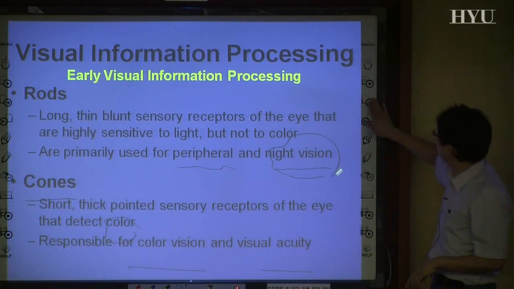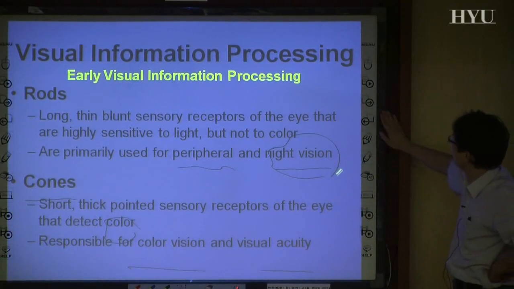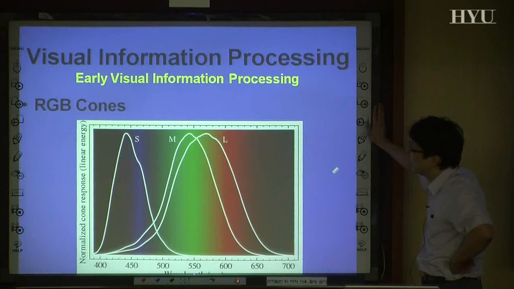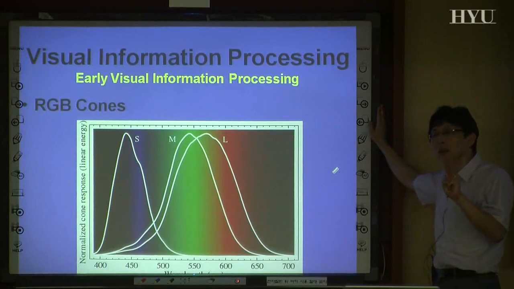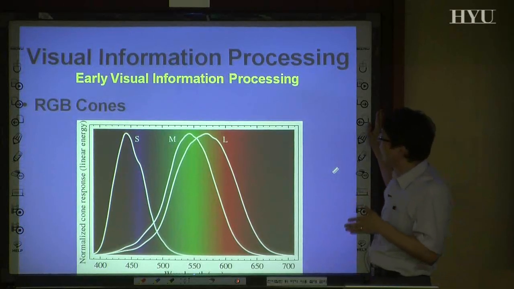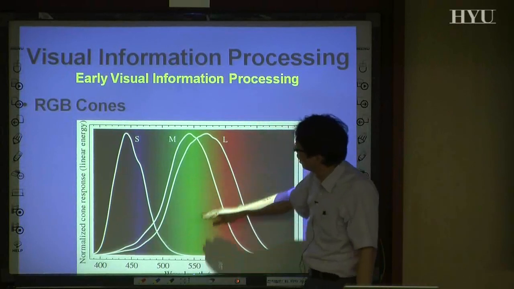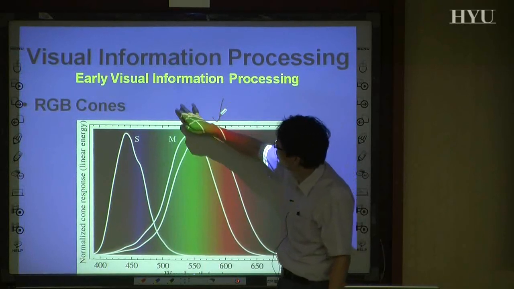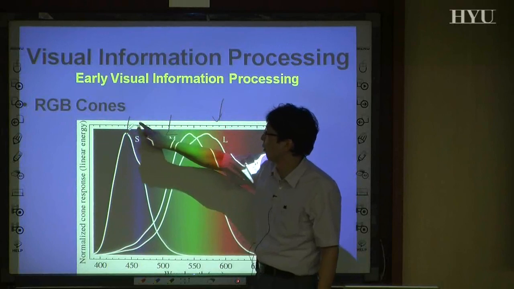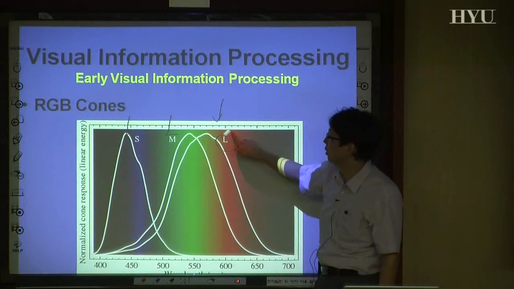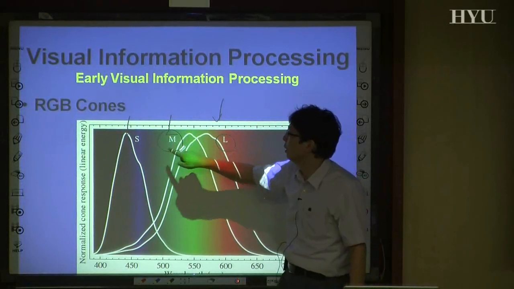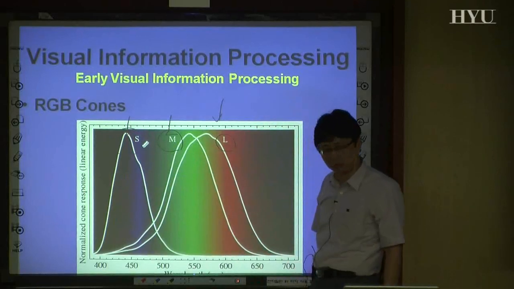Okay, the next part which I prepared for you is this one. I mentioned that cones are for color perception, and as you can see, we have 3 types of cone: red cone, green cone, and blue cone.